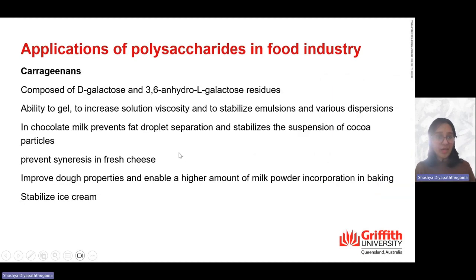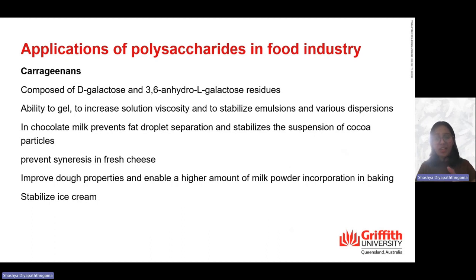Then we're talking about carrageenans. They also have the ability to thicken, increase the viscosity of solutions, and stabilize emulsions, and they are also used in chocolate milk to prevent fat droplet separation, and they stabilize the suspension of cocoa particles and prevent syneresis of fresh cheese. What is this syneresis? It is the liquid coming out of the cheese.